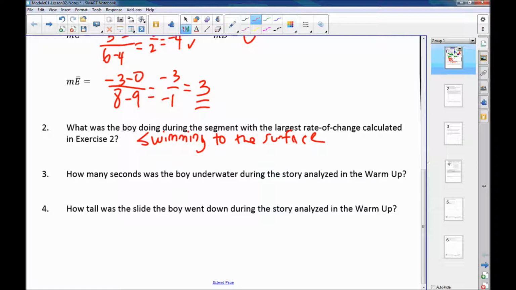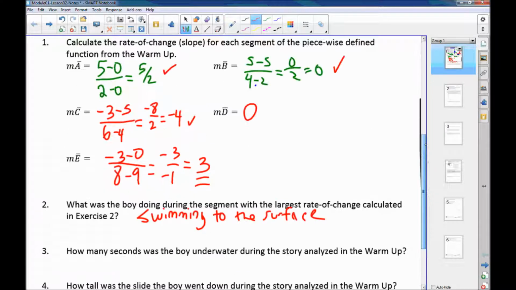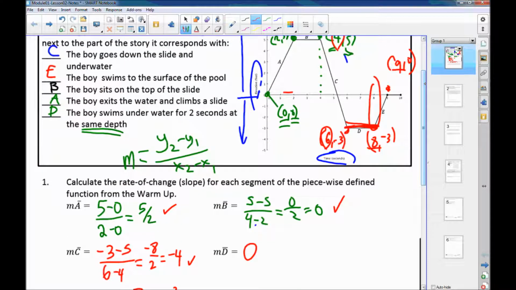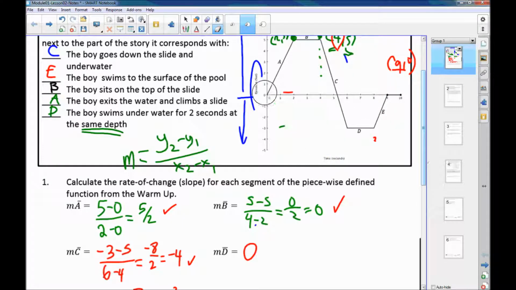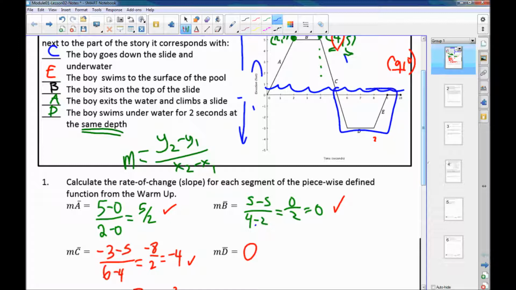How many seconds was the boy underwater during the story analyzed in the warm-up? So let's go back up and figure out how many seconds he was under the water. So here is our water level again. Let's get this stuff out of the way. Draw it in blue. Here's our water level, and he was under the water from here to here. Okay, so we don't know exactly where this crosses, but we know it's a little more than 5.